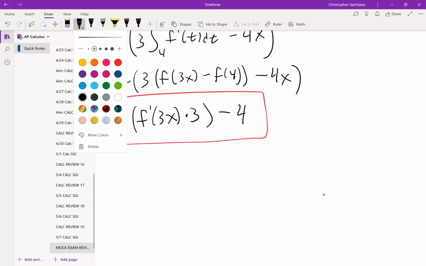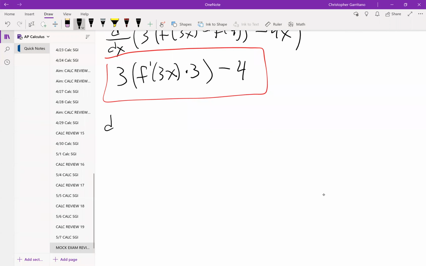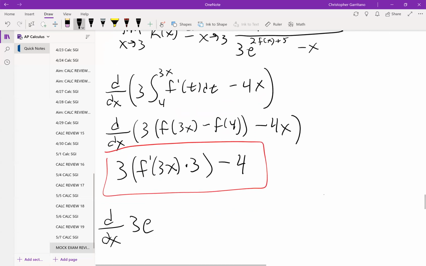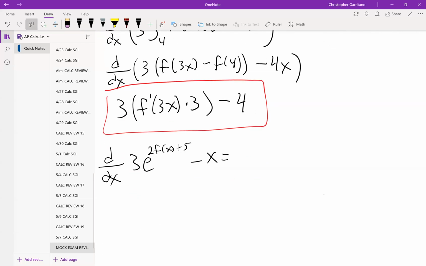Now let's get the denominator and find its derivative. d/dx of 3e to the 2 f of x plus 5, minus x. Oops, that's a 1. All right. So for the derivative of this first term, e to the 2 times f of x plus 5, that's a composite function, so I'm going to need to use the chain rule.